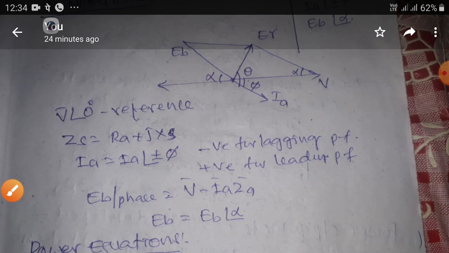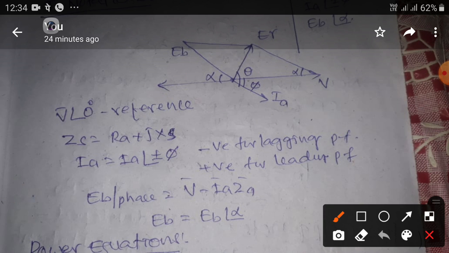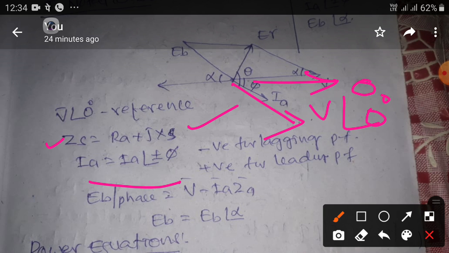Now for calculation purposes, the applied voltage V is taken as the reference at an angle of 0 degrees. The synchronous impedance ZS is equal to RA plus j XS. Now the current we take in this direction, IA at an angle of plus or minus phi.